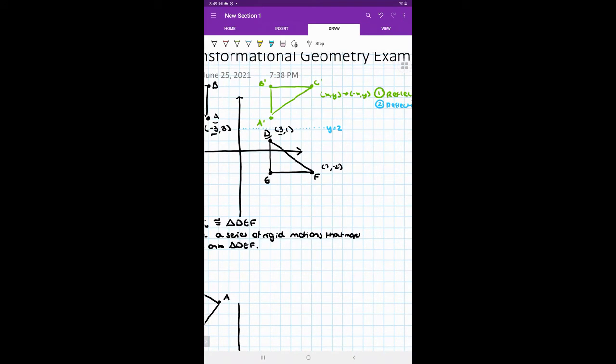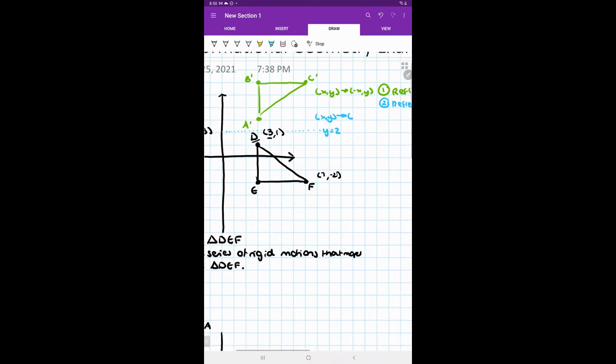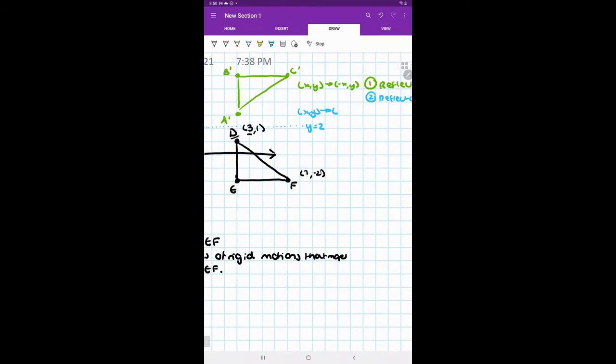So how I would represent that in the coordinates is, let's see if I can remember how to do this properly. Again, we're calling it (x, y). If we're going to reflect across the line y equals 2, what we would do is the x coordinates don't change.